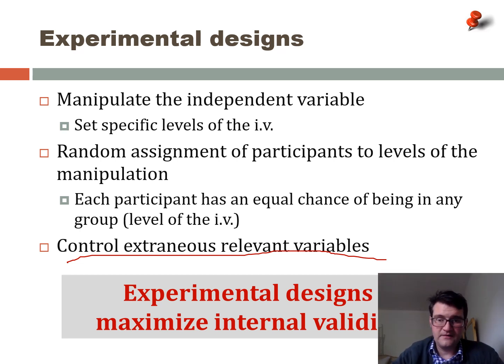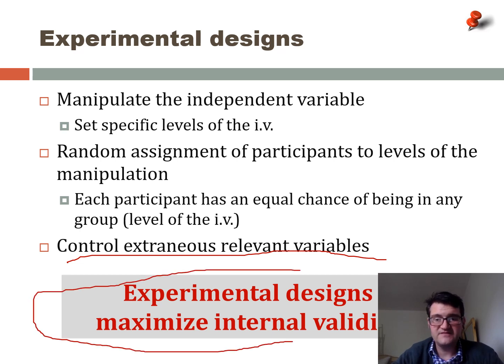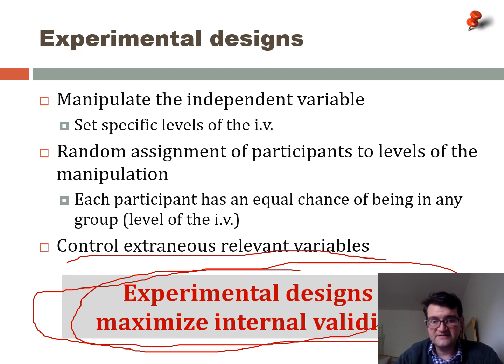The basic idea here, when I talk about experiments being the gold standard in research design, is that experimental designs maximize what we call internal validity. The idea behind internal validity is really the internal logic of the study. What internal validity allows us to do is assert with a high degree of confidence that one variable affects something else.